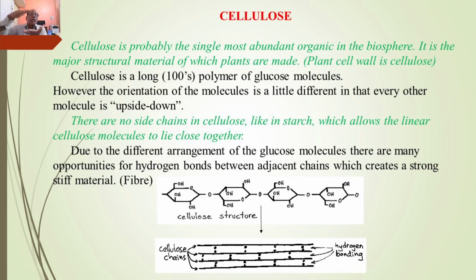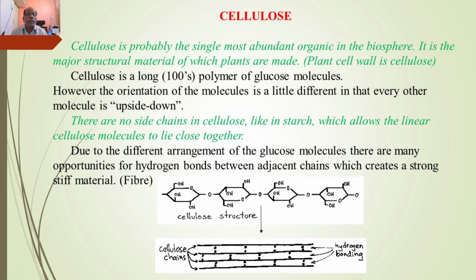A number of cellulose chains lie one upon another, and hydrogen bonding forms between the two chains of cellulose molecules. This different arrangement of glucose molecules in the linear chains provides an opportunity for the hydrogens to bond between the two chains. So two chains of cellulose can bond together to form a strong, stiff material or a cellulose fiber.